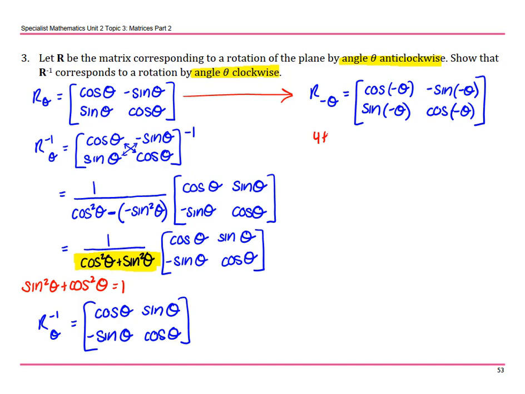Now, if we're in the fourth quadrant, cos is positive and sine is negative. So R of negative theta is going to be cos theta, negative of a negative gives me sine theta, negative sine theta, and cos theta.